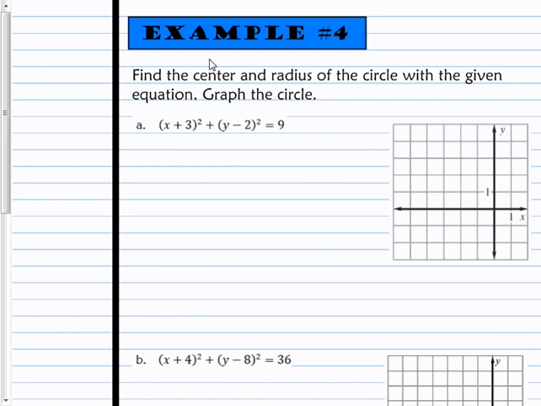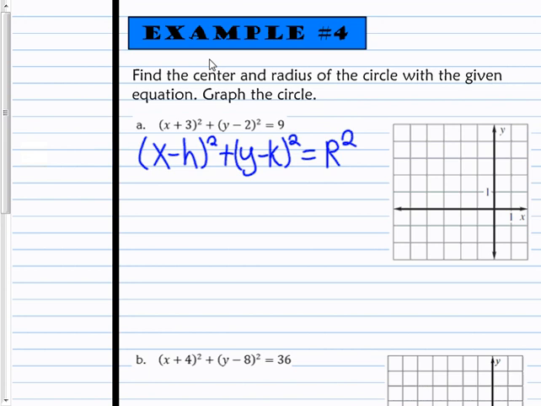On the back, example 4. They want us to find the center and the radius of the circle with the given equation, and then they want us to graph it. Okay? So if you remember, I'm going to write the equation down. The equation of the circle is (x minus h) squared plus (y minus k) squared equals r squared.